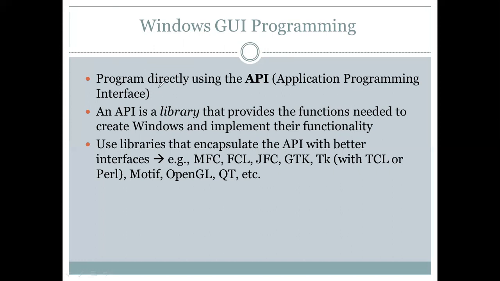An API is nothing but library files that provide the functions needed to create windows and implement their functionality. The APIs consist of different library files that provide the different functions needed to create a window and implement its functionality.